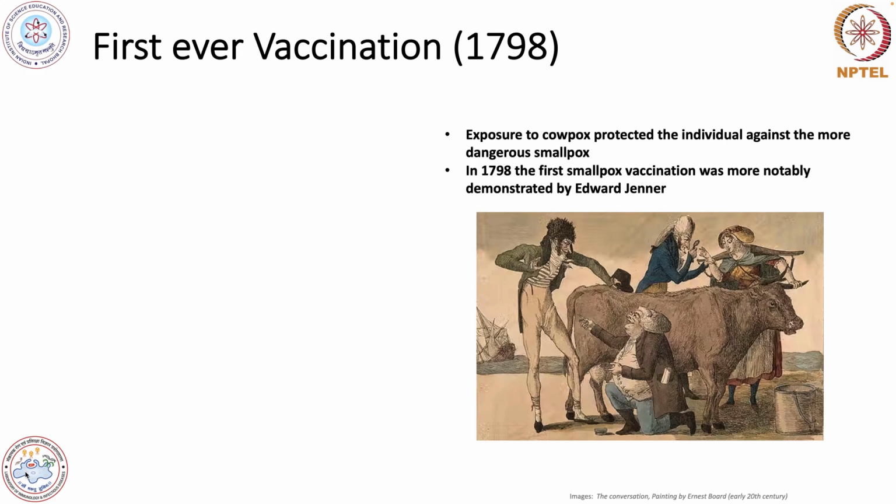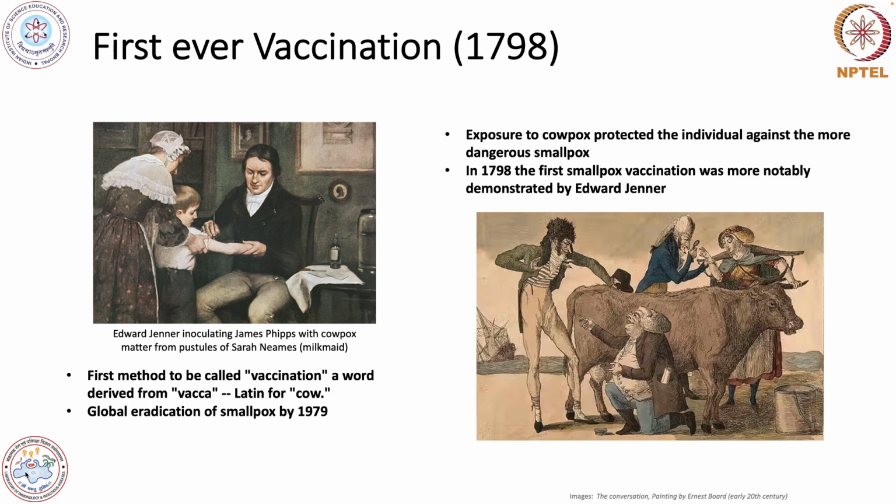So Edward Jenner observed that the person who was providing milk to his family had some pustules, and that person was protected from the smallpox. This observation resulted in the discovery of what we now call the vaccinia virus or cowpox virus.